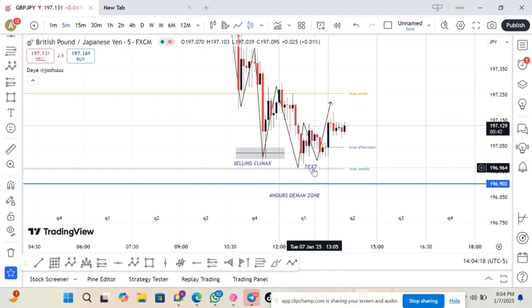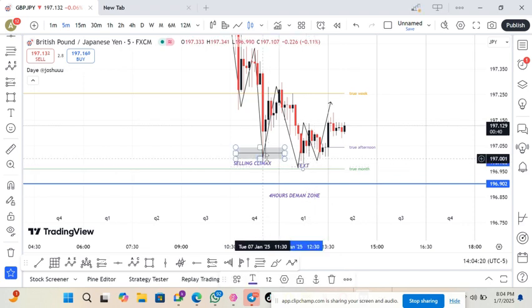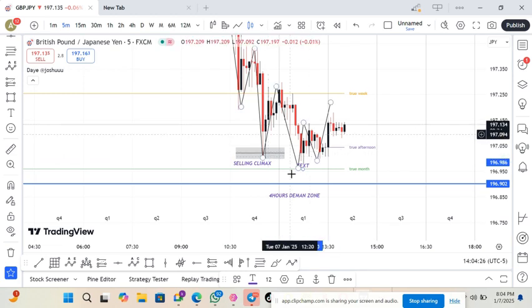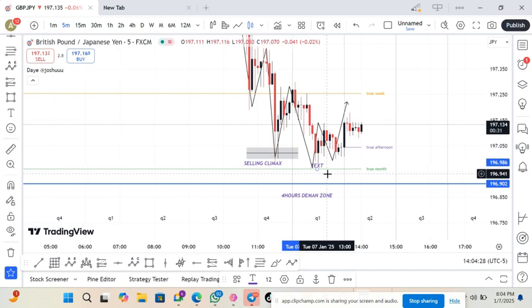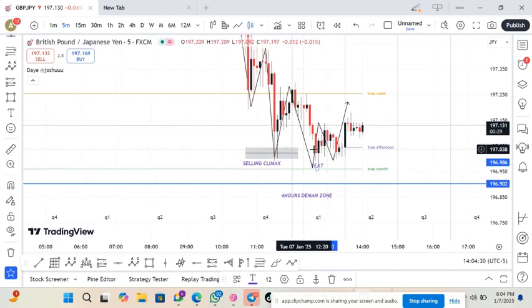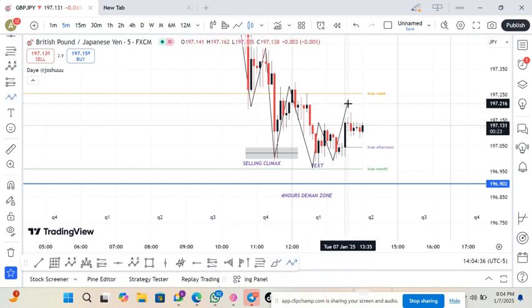The first test will not sweep the climax. The second type of test will sweep the climax. So now, what do we have here? Since we have a test here, what are we waiting for to know when to activate the reversal? We are waiting for price to come and sweep both the test and the climax.